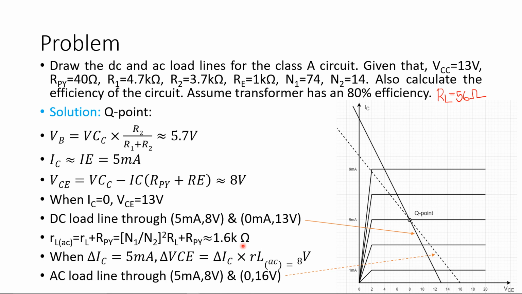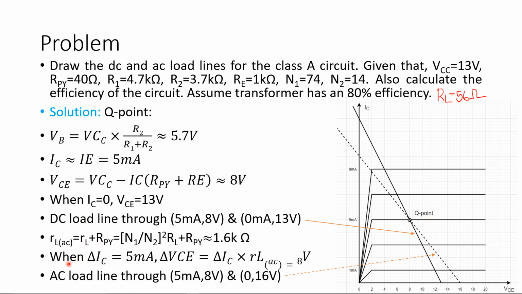It's now in the kilo range. This gives us a benefit. This is a big benefit of transformer coupling. Now by using this equation, we find the reflected load or the AC load. Now by using this AC load, we will be calculating one of the AC points.